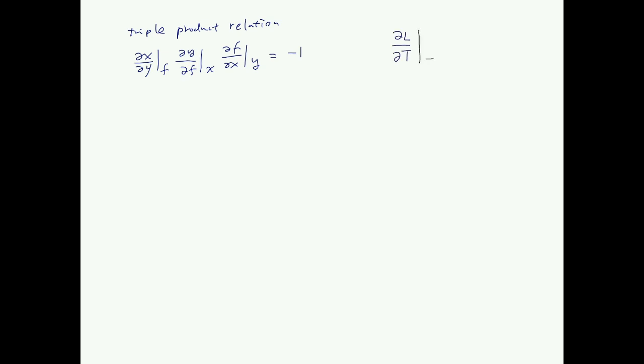So I calculate this at a fixed f. First I apply this triple product relation: the partial of L with respect to T at F, the partial of T with respect to F at L, and the partial of F with respect to L at T, multiply to minus 1.